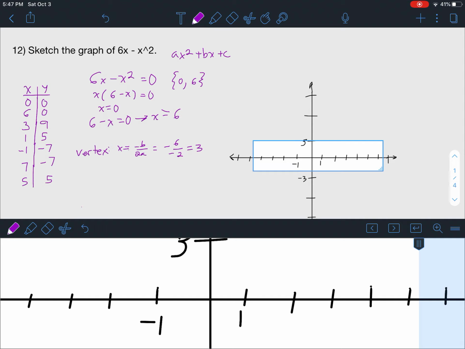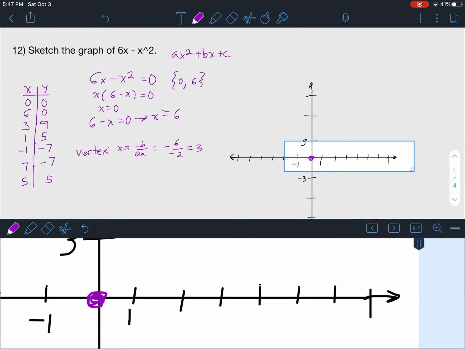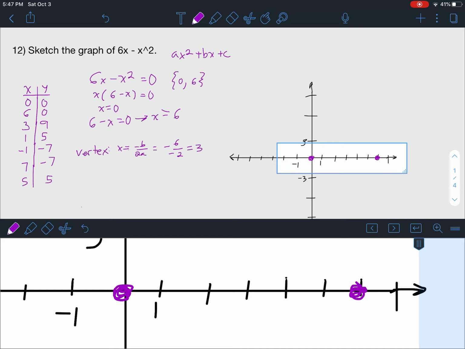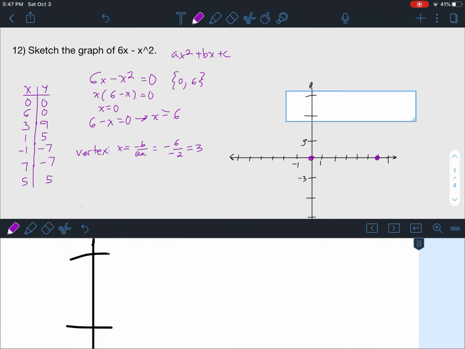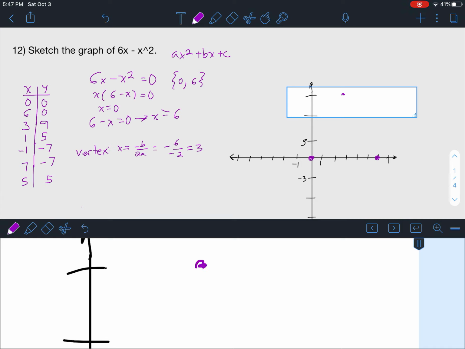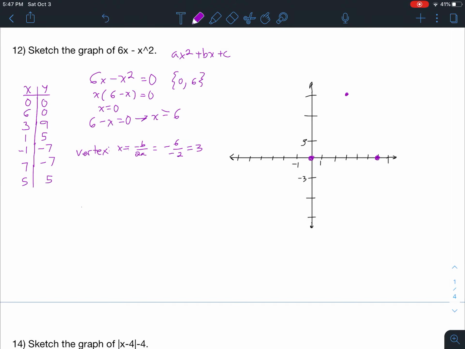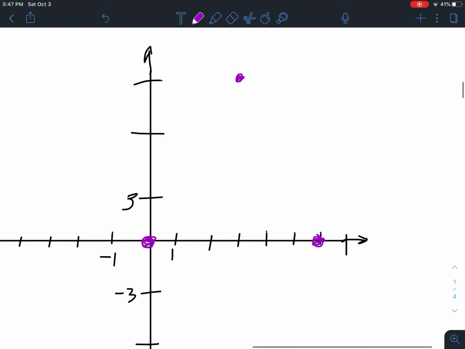So first 0, 0, then 6, 0, then 3, 9, so 3 over and 9 up. And note that the y-axis here is going in increments of 3 instead of 1. Then 1, 5.